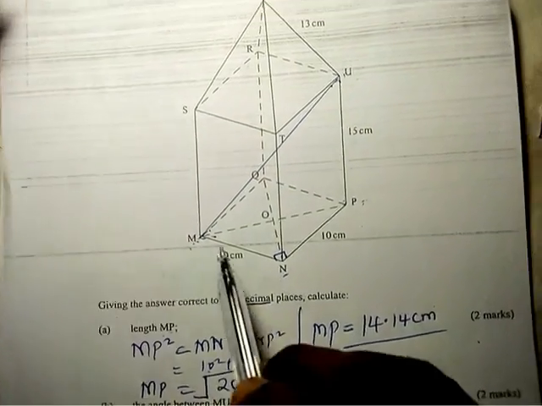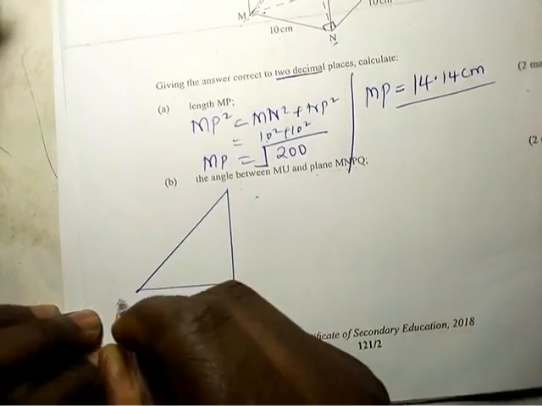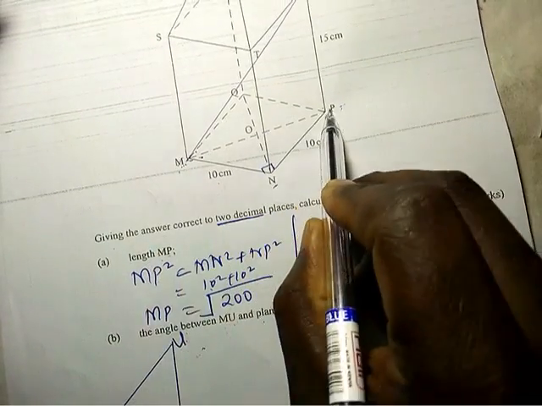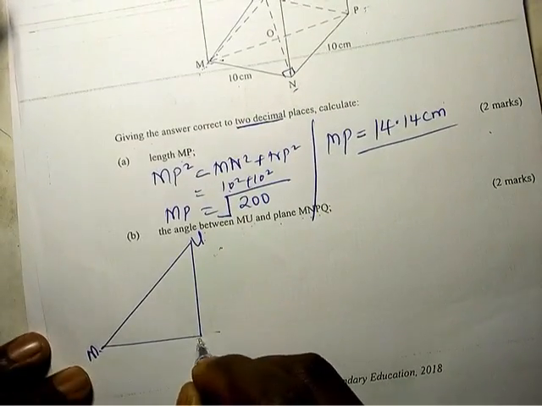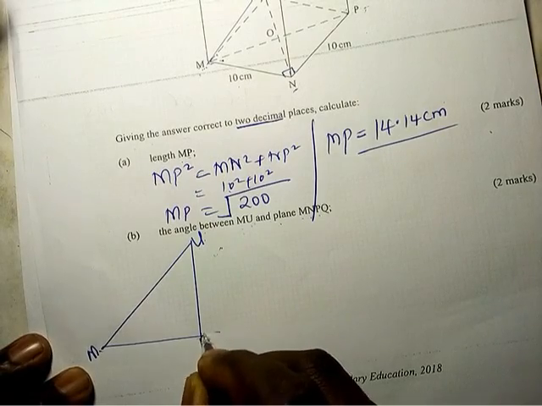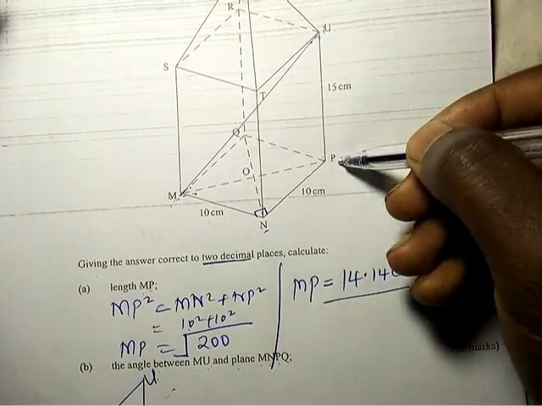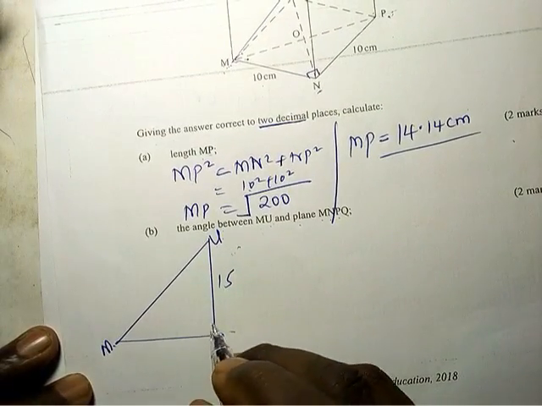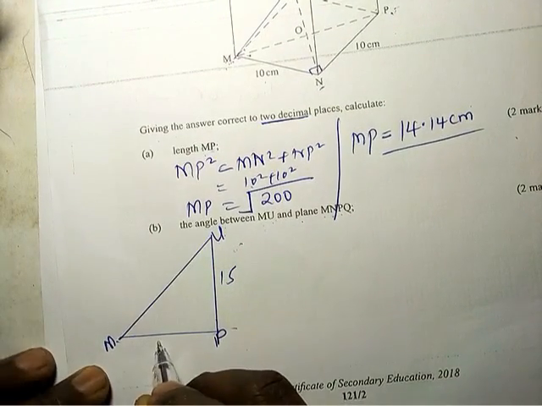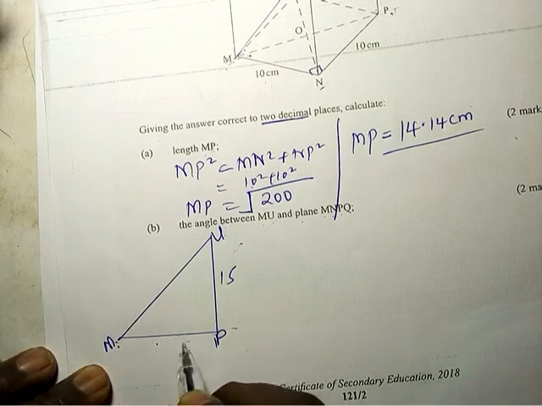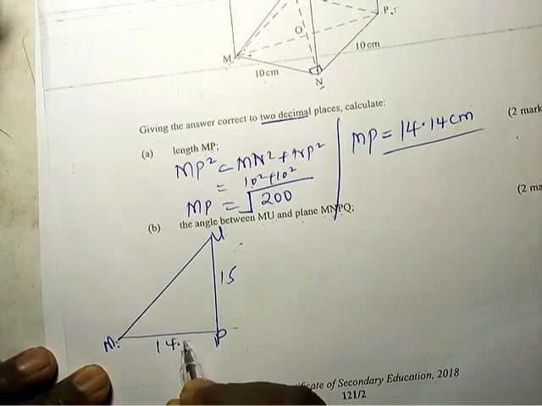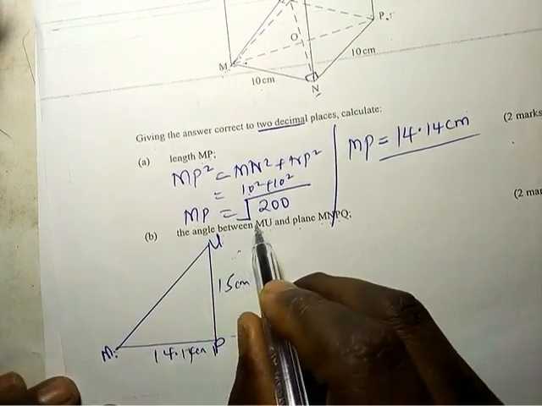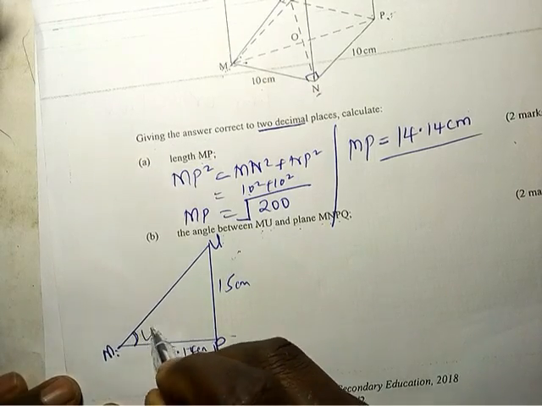So now we are looking at MU, and MP will be the shadow, and then we will have UP. UP is 15. MP is 14.14 centimeters, which we have already calculated. So we calculate the angle between, and the angle between is this angle here.